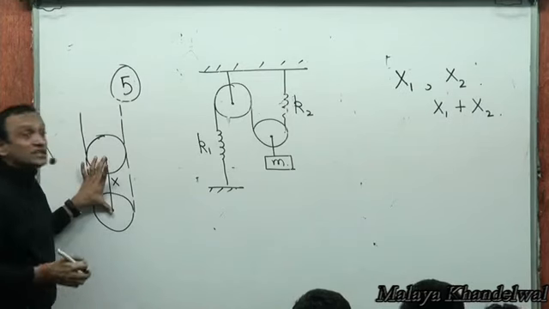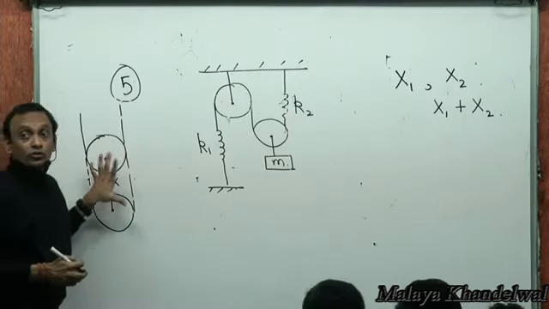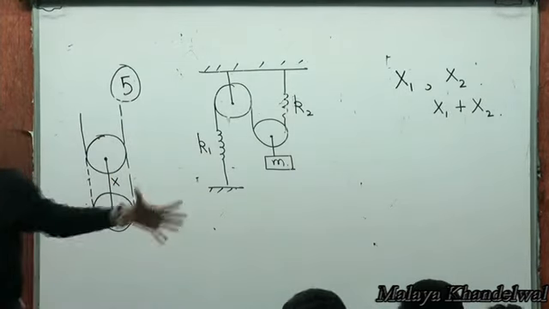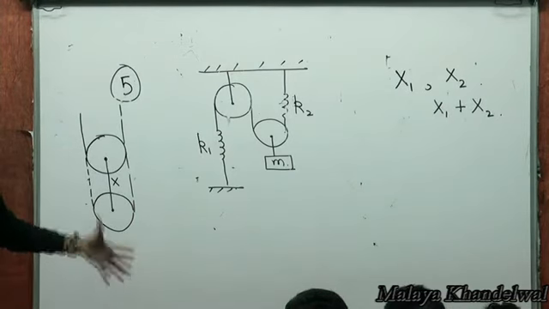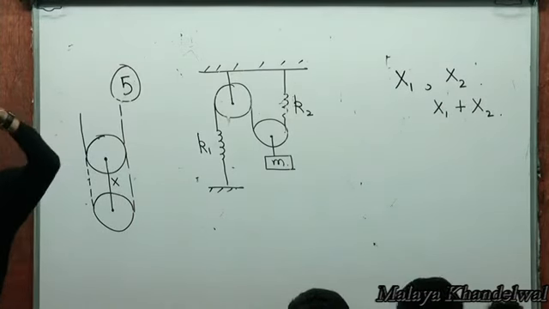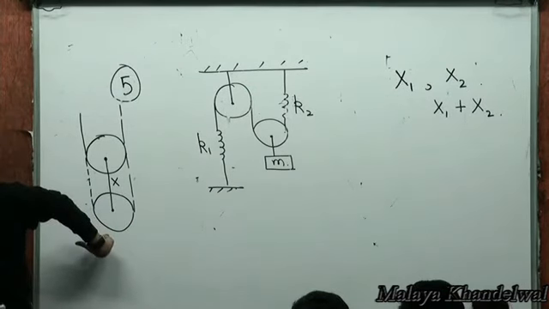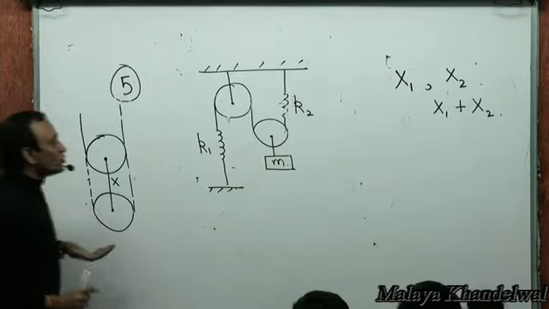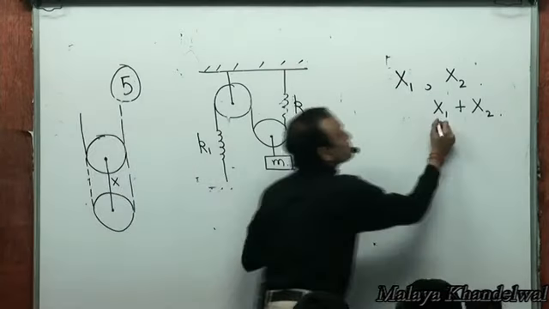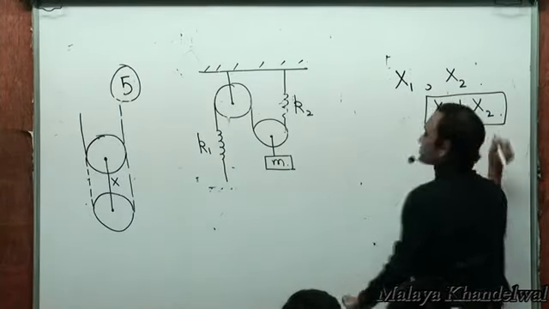So if this descends by a certain amount, the spring length increases by twice the amount. That means if the spring length increases by a certain amount, this will descend by half the amount. In this case the spring length has increased by x1 plus x2.